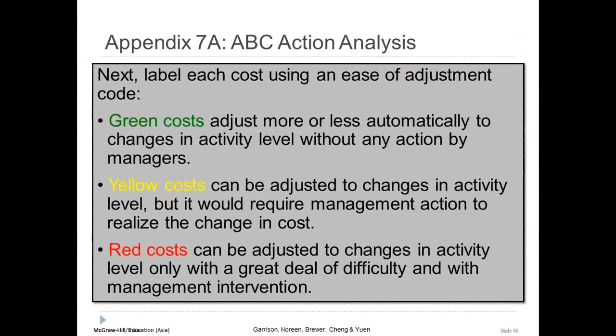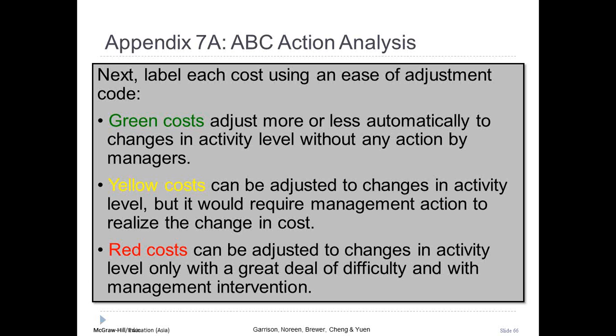The next step in preparing an action analysis report is to label each cost using an ease of adjustment code. Green costs adjust more or less automatically to changes in activity level without any action by managers. For example, direct materials costs would automatically change in response to changes in activity level without management action.